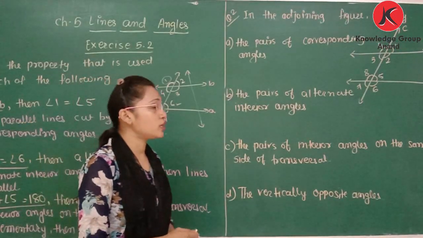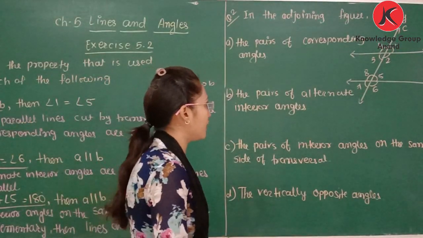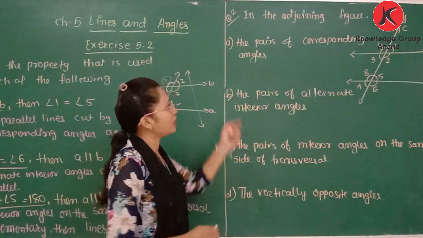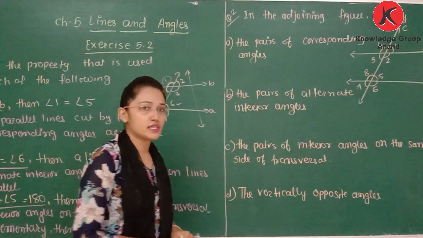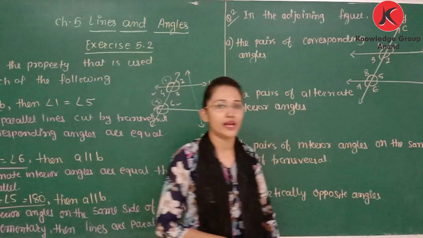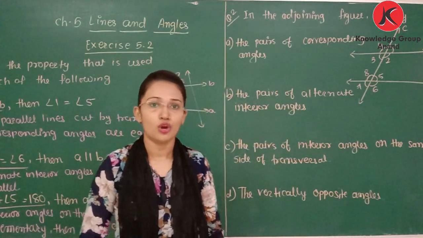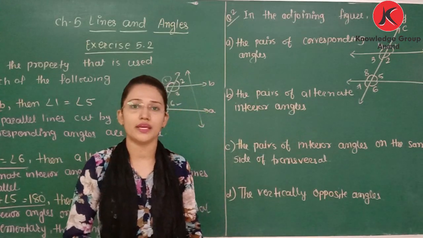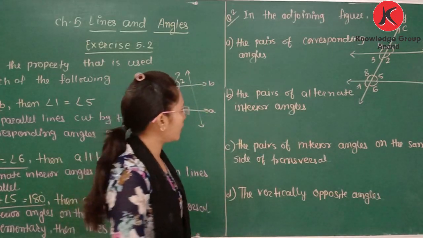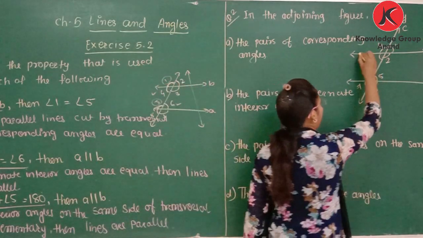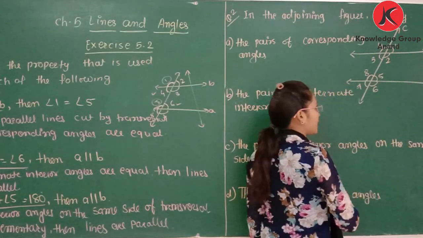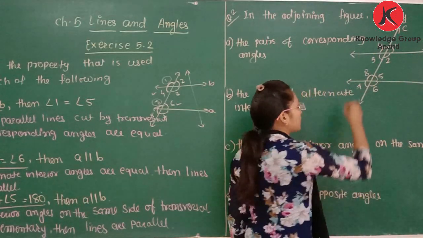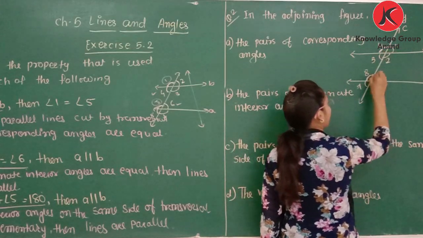Now question number 2. In the adjoining figure, identify the pair of corresponding angles. The figure is given, you need to write the pairs of corresponding angles. Corresponding angles means they are at the corresponding position, at the same position. So here A and B are parallel lines. So what are the corresponding angles? Angle 4 and angle 8.